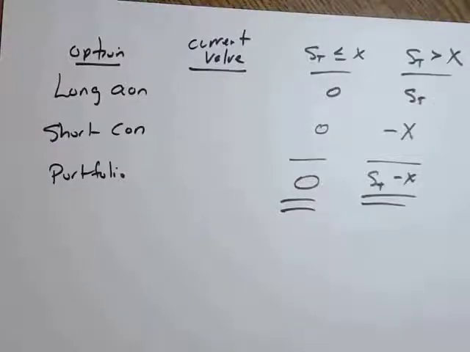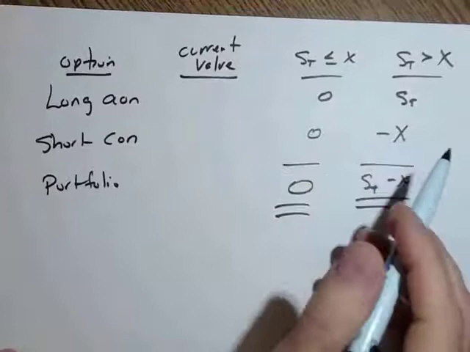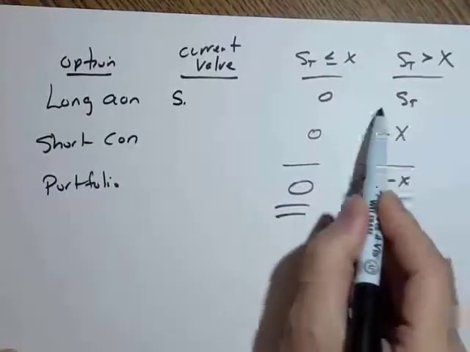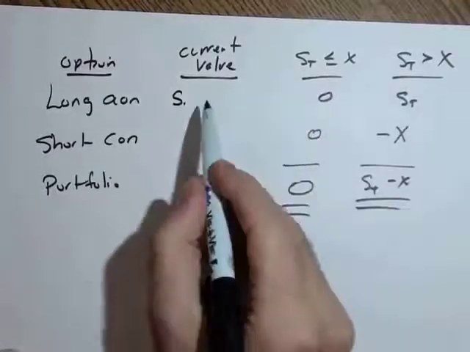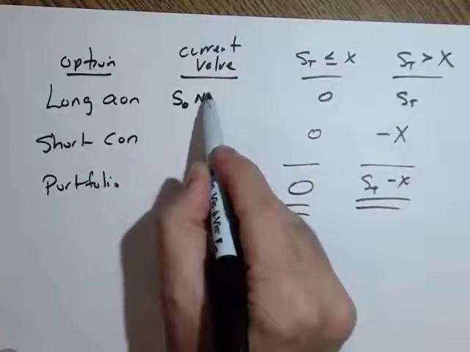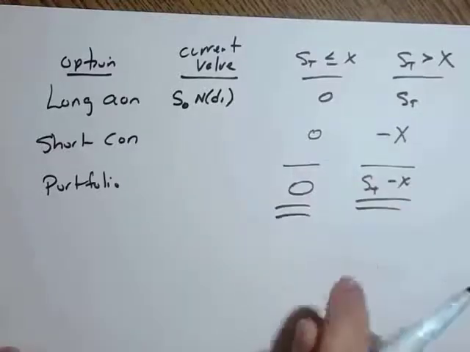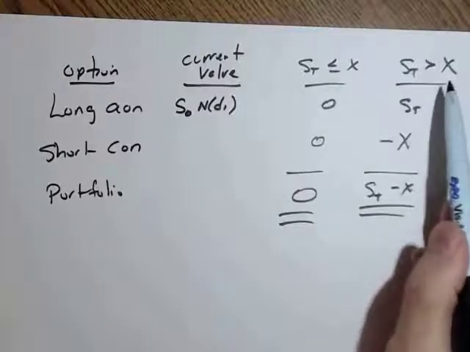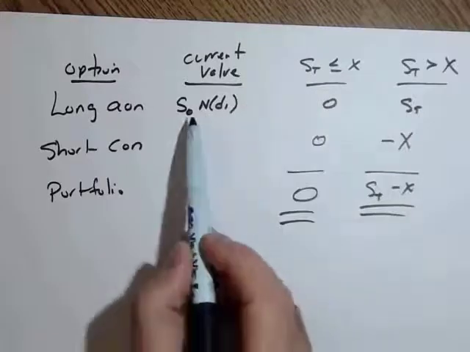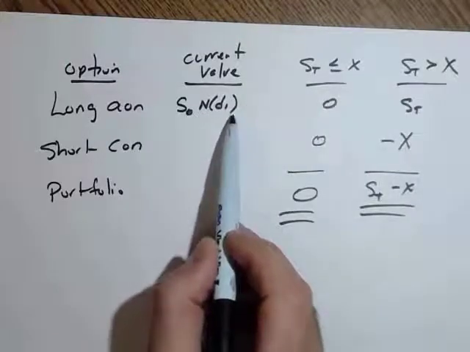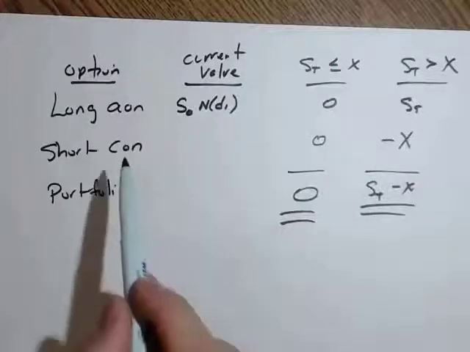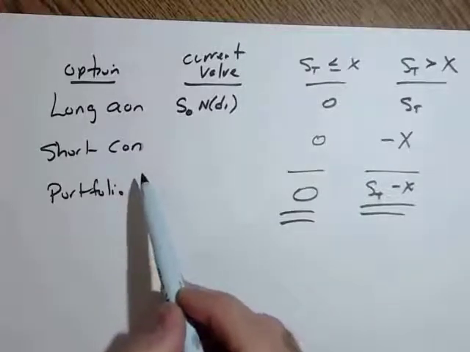And so now we relate this to the Black-Scholes model. This is the current value of this payoff here. This payoff right here is going to be the stock price today multiplied by the probability that the option is going to be above the strike. And there you have the current value of the long asset-or-nothing. Now, what is the value of the short cash-or-nothing component?